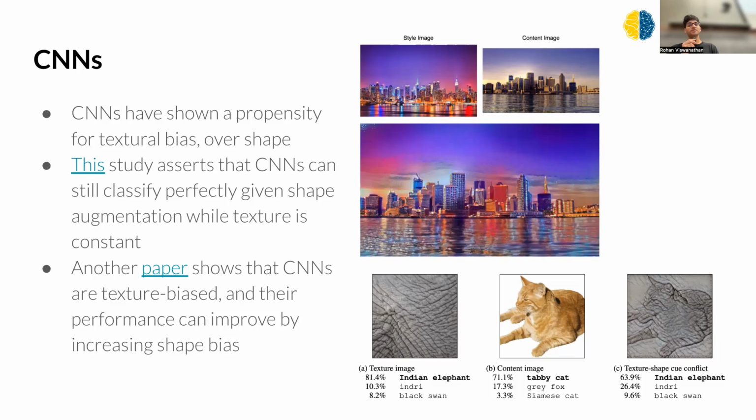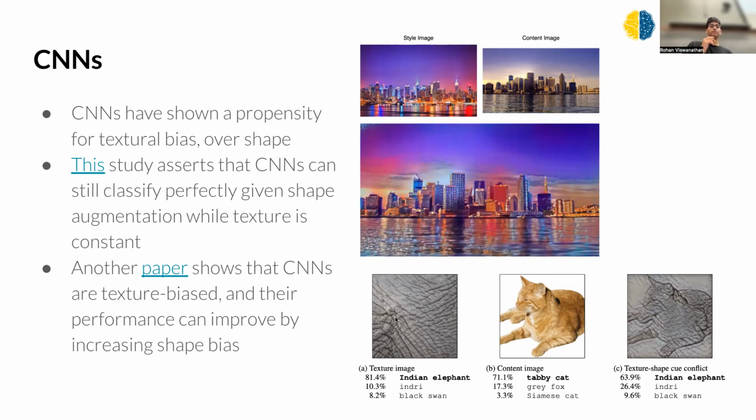We can see that stylistically, the image is changed. These are two different images, but the content image is then styled like our style image. We can show that CNNs are biased towards images that have the same texture, so this might incorrectly classify as the style image as opposed to the content, because it prioritizes these implicit textures.